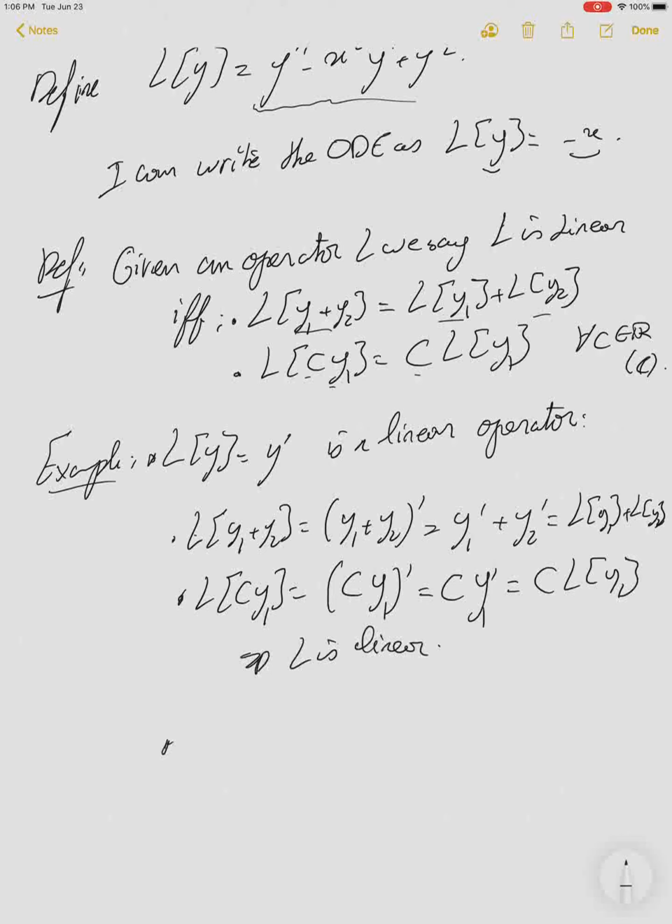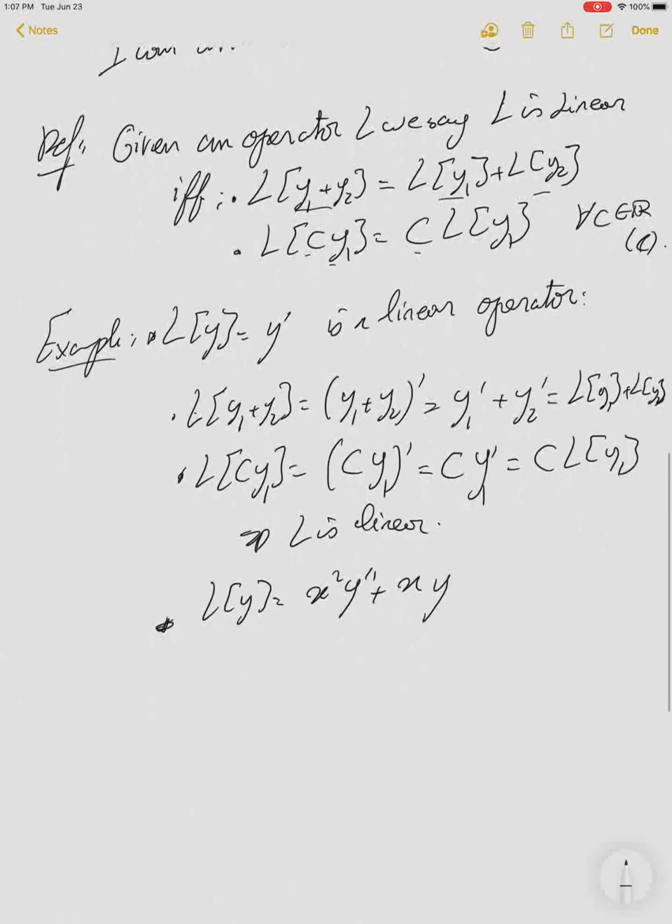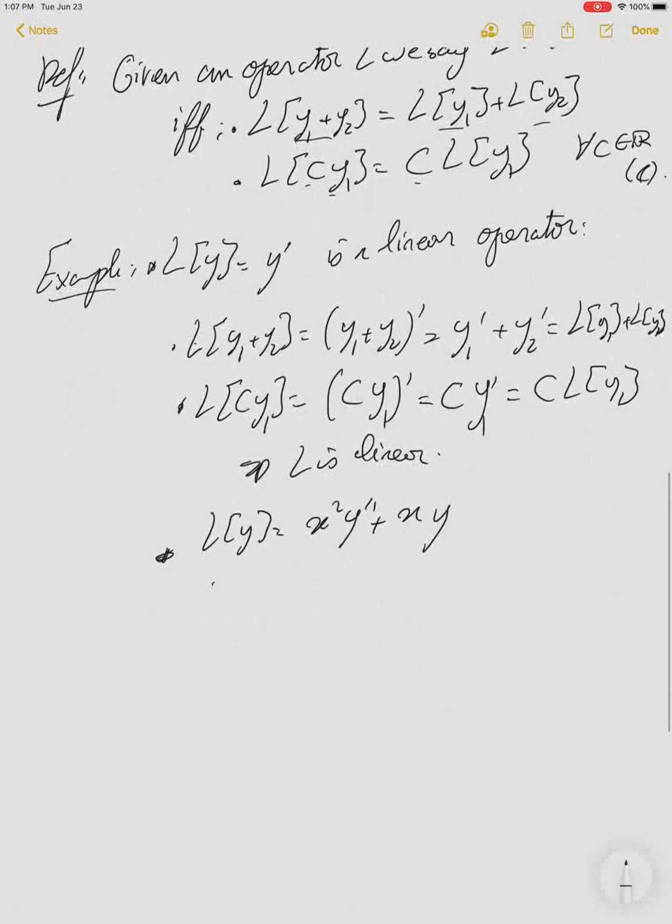Both of these. Another example is L of y equal x squared y second plus x y prime plus x y. So you can check that this is linear again. So what is L of y1 plus y2? This is x squared y1 plus y2 double prime plus x times y1 plus y2.